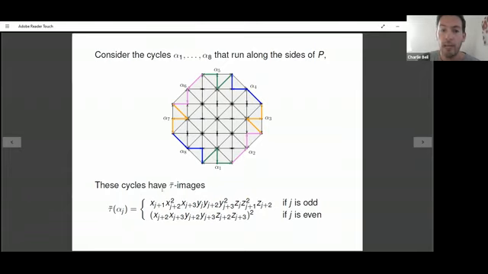And these cycles have tau bar images given by these monomials. To find the monomial for alpha 1, you just take the monomial for this arrow times the monomial for this arrow times the monomial for that arrow, and then that gives you the monomial for alpha 1.